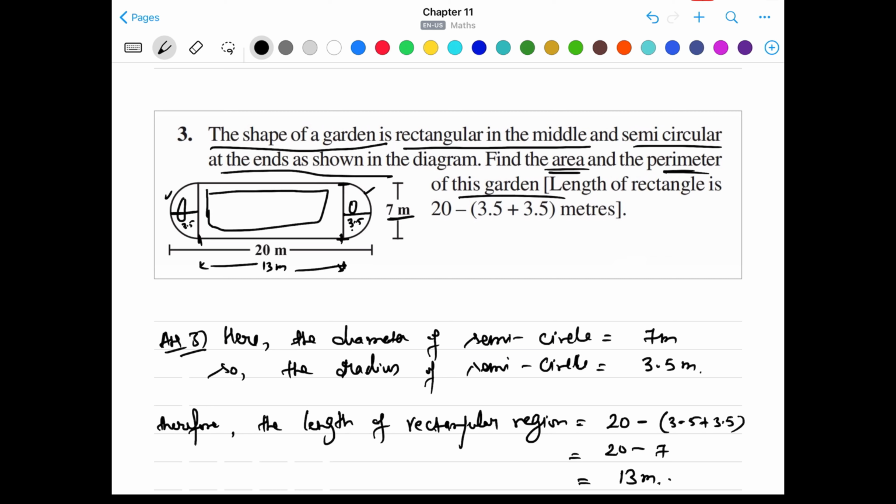Again this is a semicircle, so this will be half of the perimeter of the circle, and this middle part is a rectangle. As we know, the perimeter of a rectangle is twice of L plus B, length plus breadth. But its breadth sides are inside the shape, that means they do not comprise the outer boundary. So we're going to eliminate these two sides.